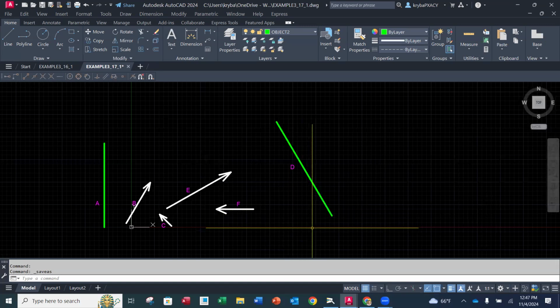And then once you get those drawn, then you're going to want to just identify your equation as well.